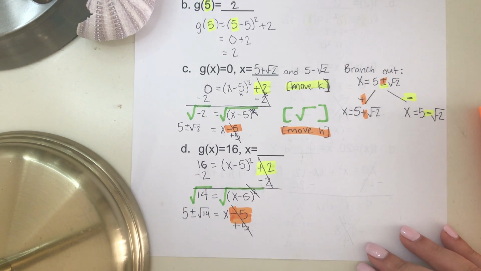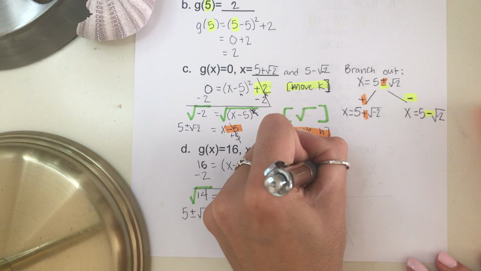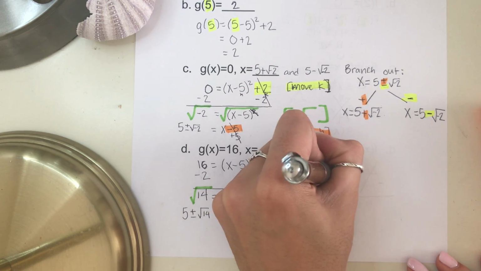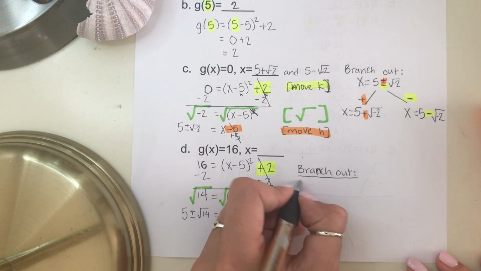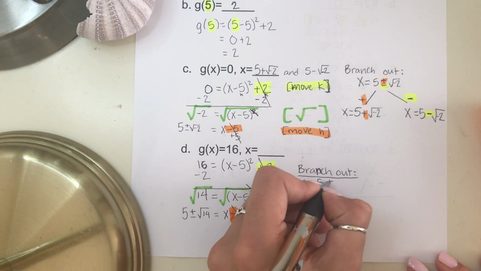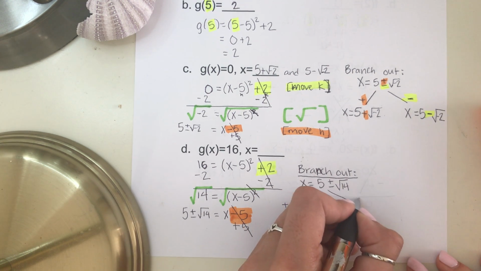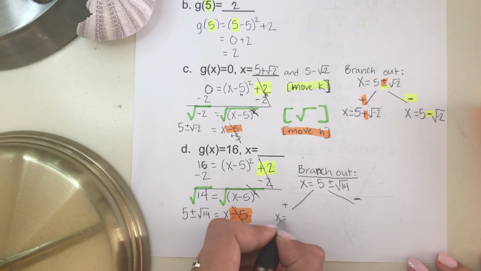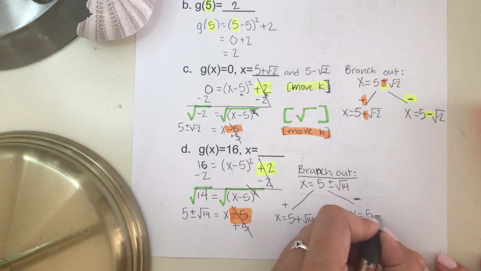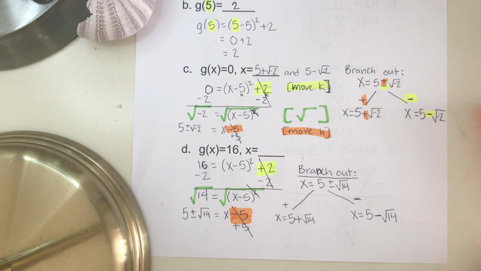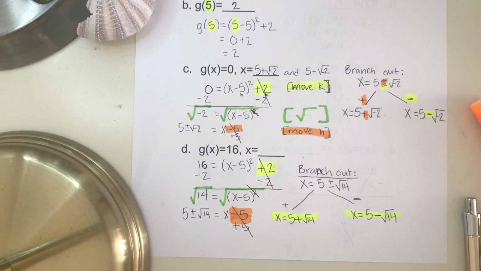And now I'm ready to branch out. x equals 5 plus or minus the root of 14. So one side positive, one side negative. Here I write x equals 5 plus root 14. Here I write x equals 5 minus root 14. That's all you have to do for the answers, and I'll highlight them yellow. Those are your solutions to part D.